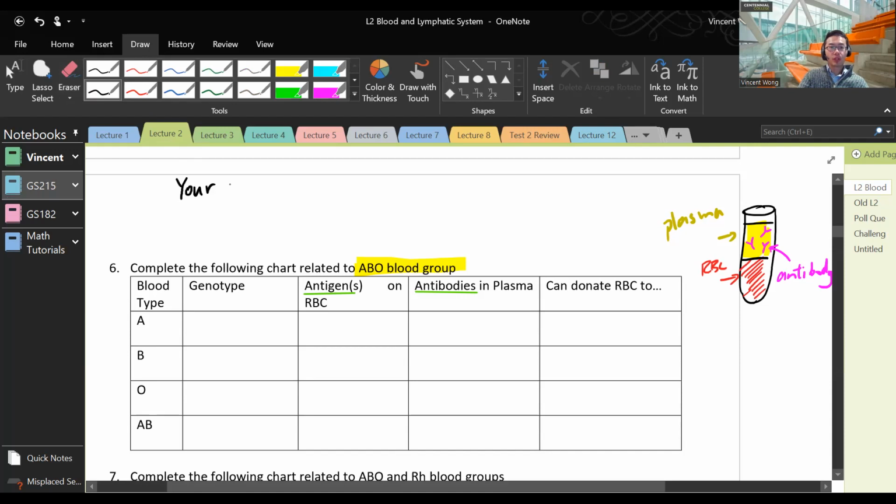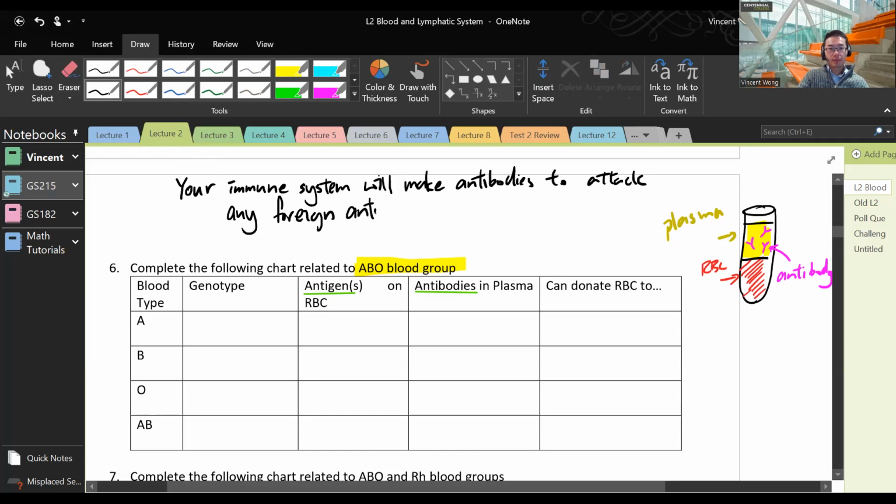Okay, so in general, this is true. Your immune system will make antibodies to attack any foreign antigens. Okay, that's an important thing to know.